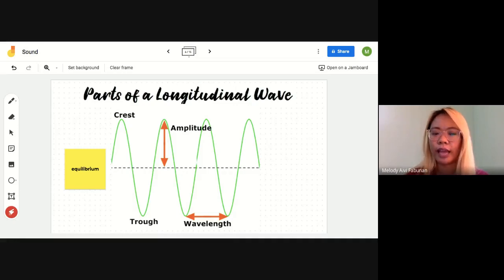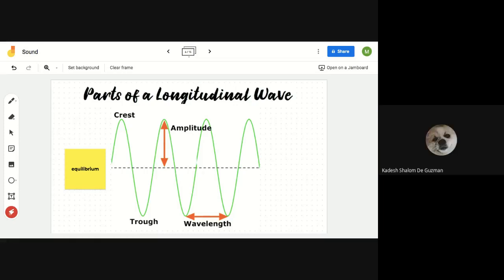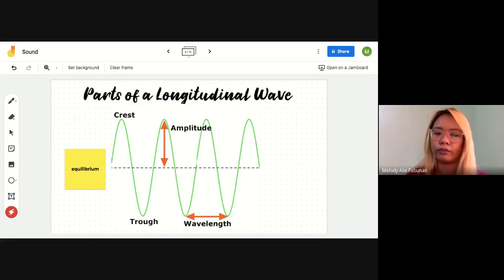So I'll give you time to make your notes about the different parts of the longitudinal wave. Maybe 1 to 2 minutes, I will give you time to draw and write your definitions.